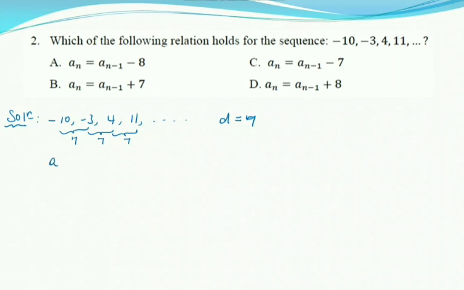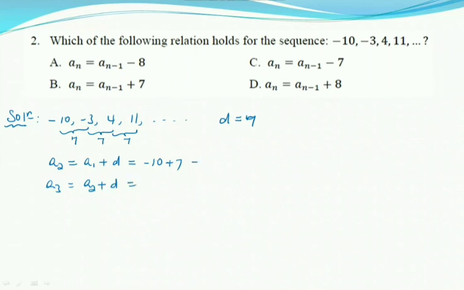So we can write the second term as the first term plus the common difference, right? That means the second term, minus 3, is the same as minus 10 plus 7. The third term is the second term plus the common difference.